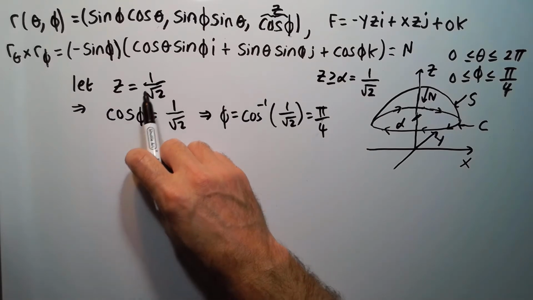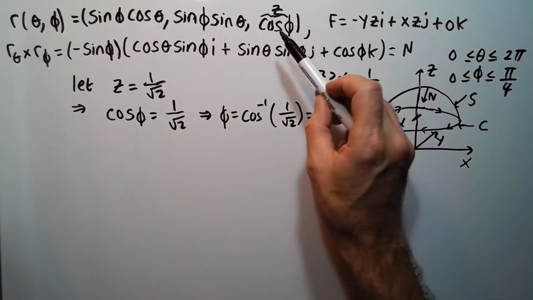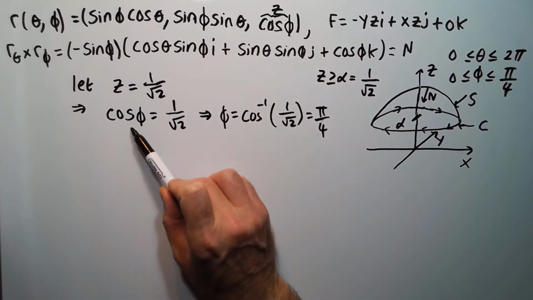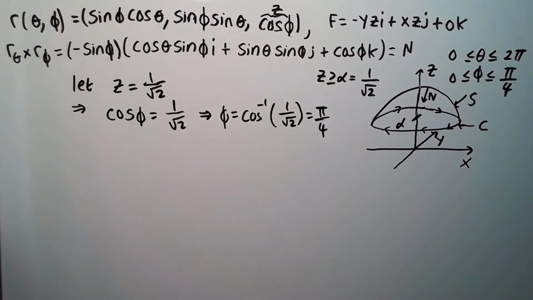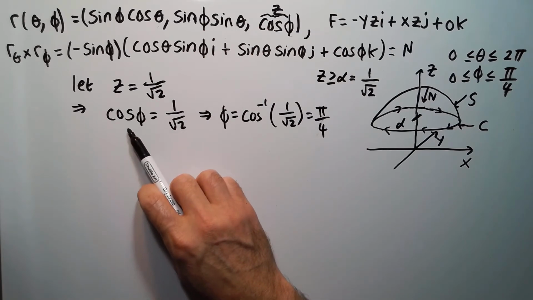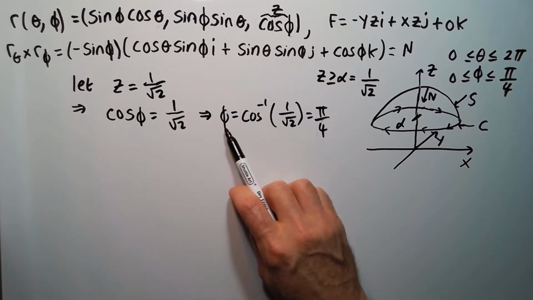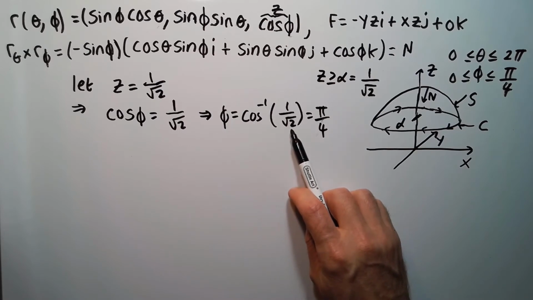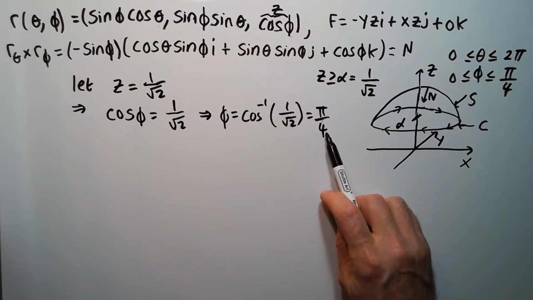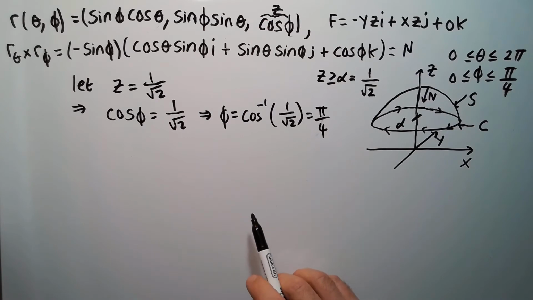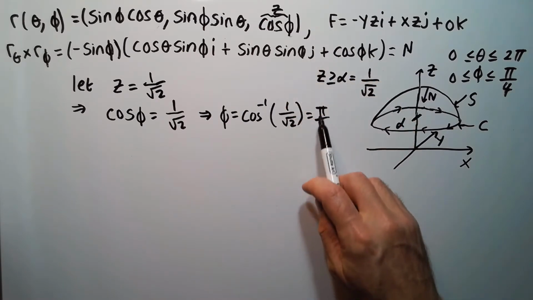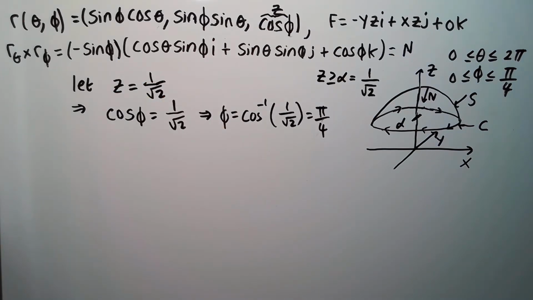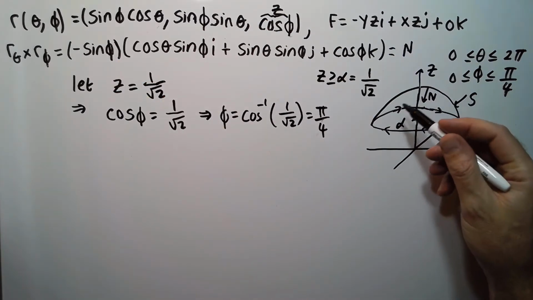Okay, so z equals 1 over square root of 2, but the z from up here is equal to cosine phi. That's my z value. So you have cosine phi equals 1 over square root of 2. I want to find the angle, so we'll take cosine inverse on both sides. So phi then will equal cosine inverse of 1 over square root of 2, which is pi over 4 in radians. So then we can put pi over 4 in place of phi up here. And that'll be a parameterization of our curve here.